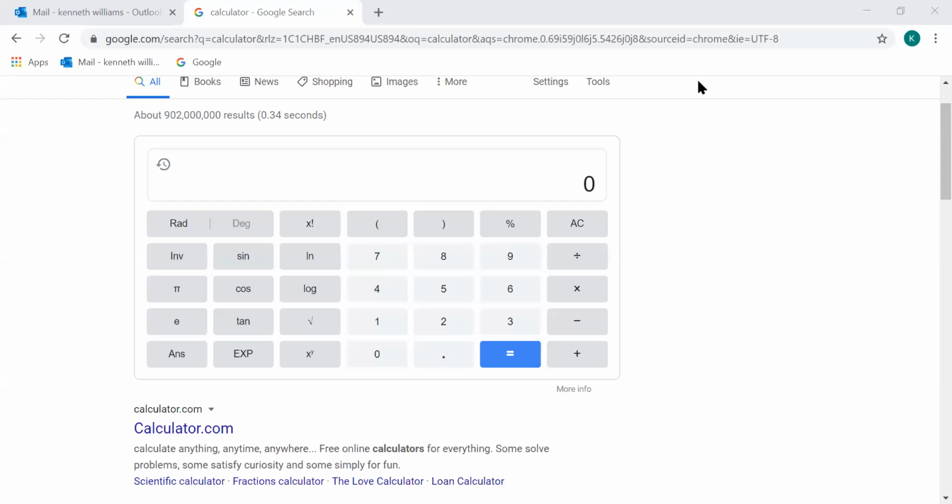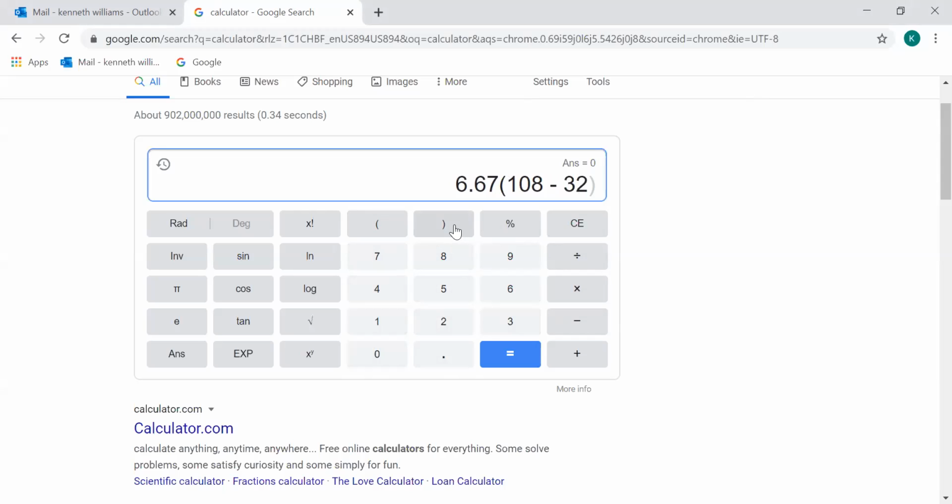Here we are. And so, what is that? Minus 9, I think it was.